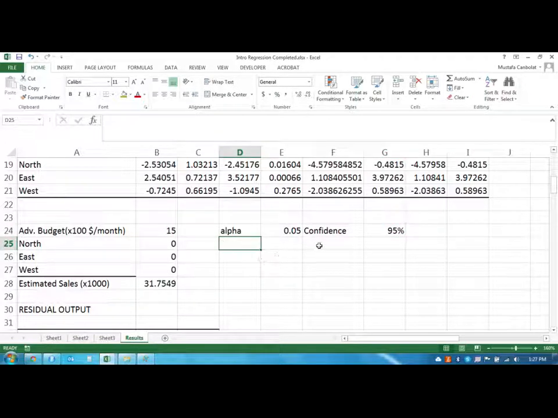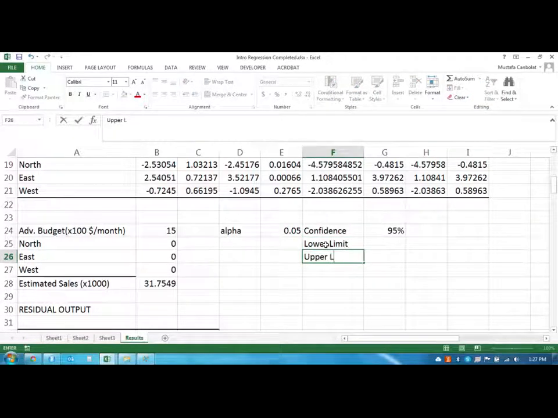And let's find our lower limit and upper limit on our estimated sales.